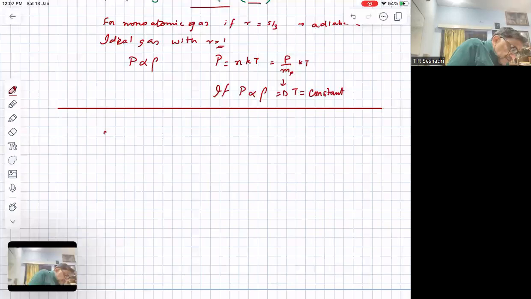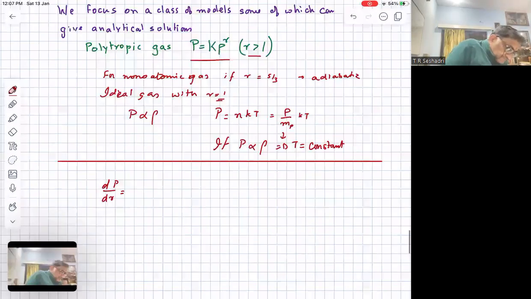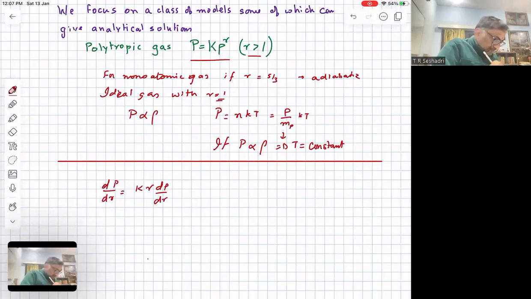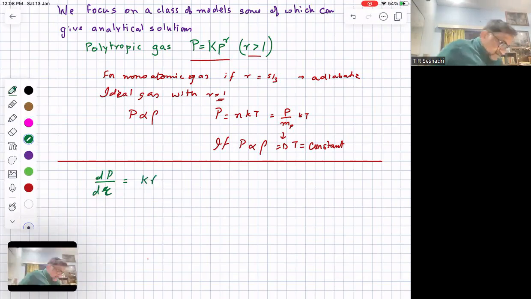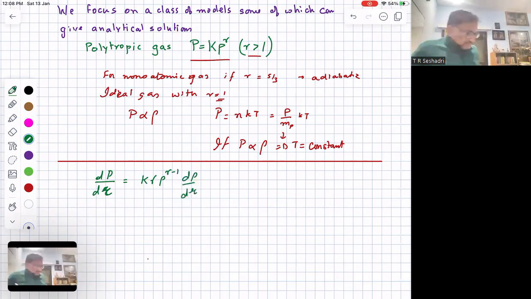So we have dP by dr equal to K gamma rho power gamma minus 1 d rho by dr. Okay.